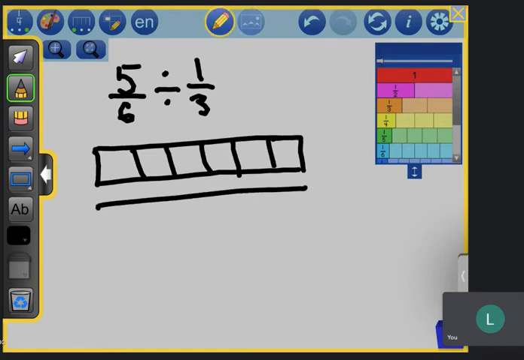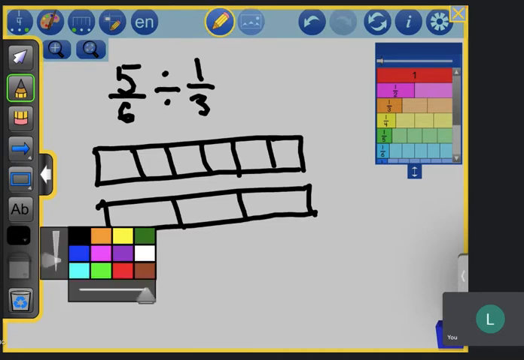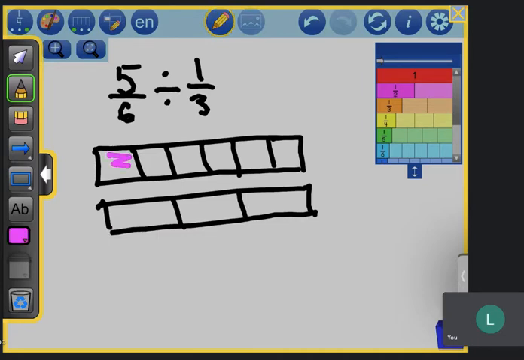And I make my thirds. And I make my models about the same length, so they're easy to see when I'm dividing them. Okay, now I'm going to shade in my 5/6. I'm going to cross this out because I'm not using it. And I'm going to shade in my 1/3. And I want to know how many 1/3 fit into 5/6.